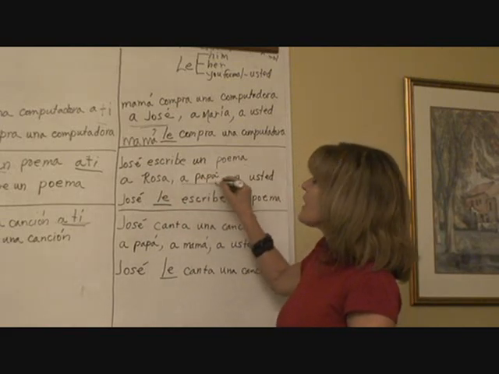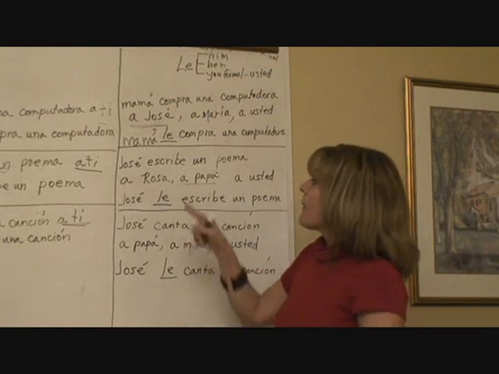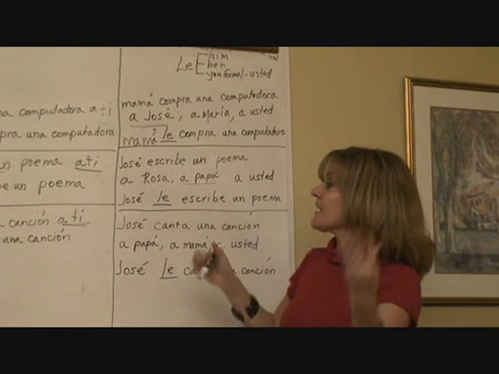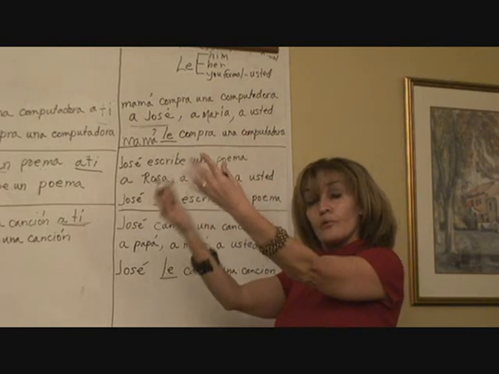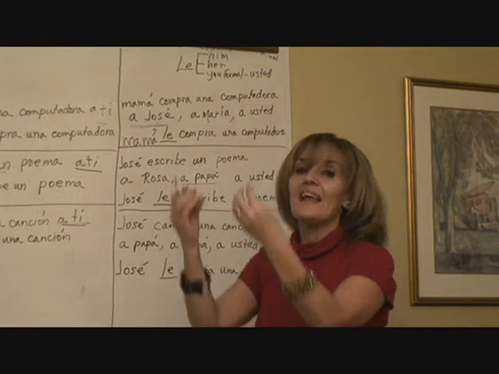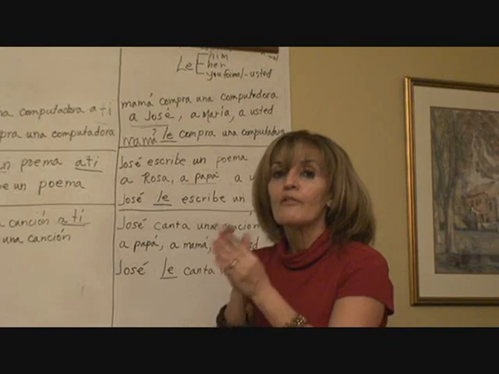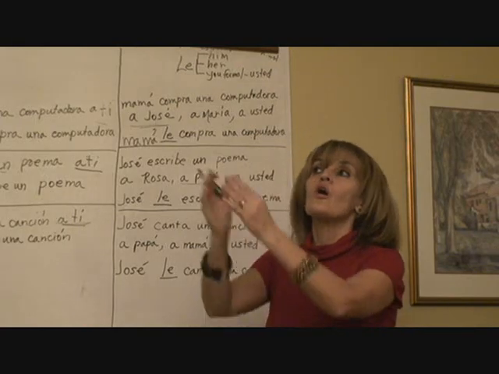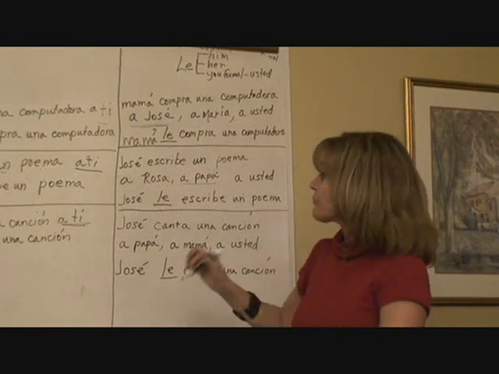Or maybe he's writing it for Papá, for his dad, for him. José le escribe un poema a Papá. Or maybe it's for you. José le escribe un poema. Do you see that? Le, for him, for her, or for you, sir or ma'am.